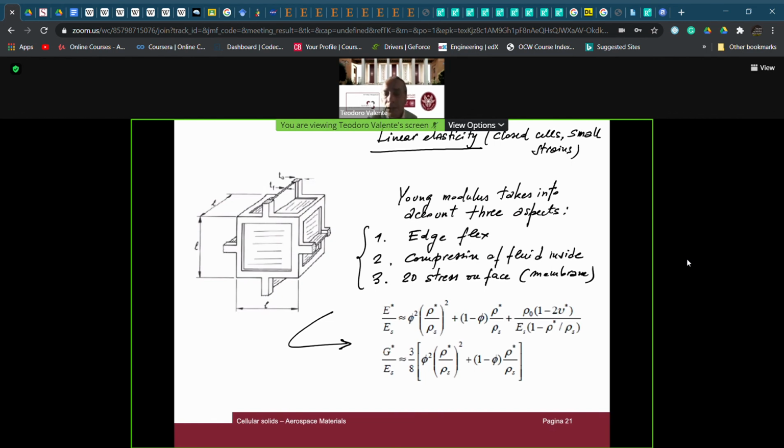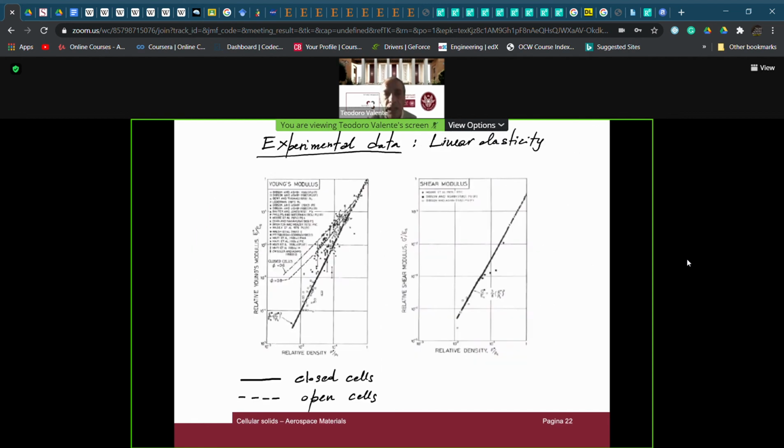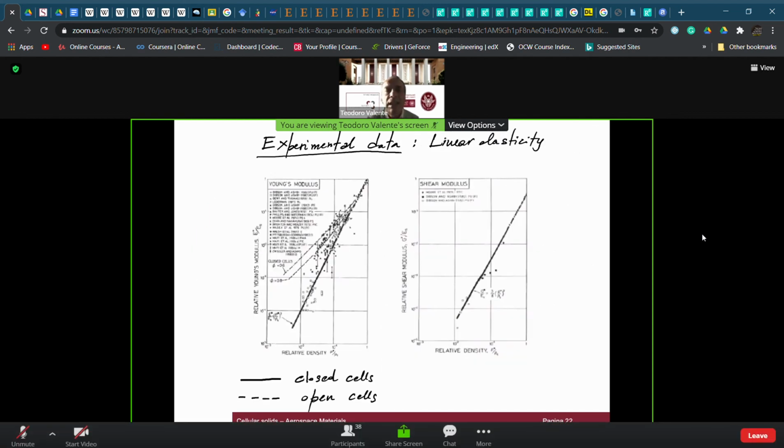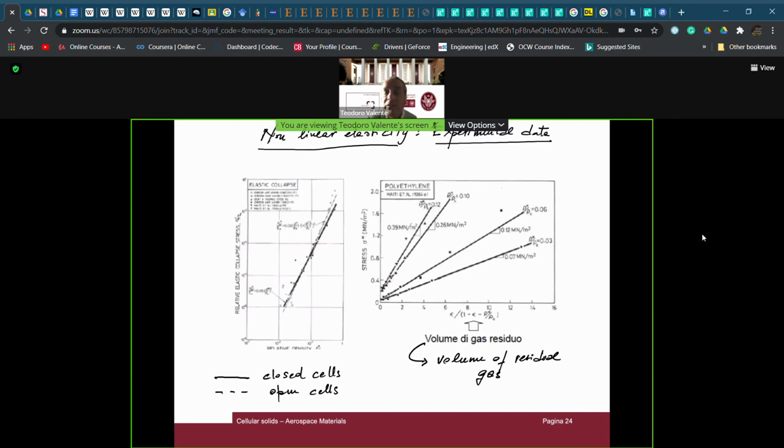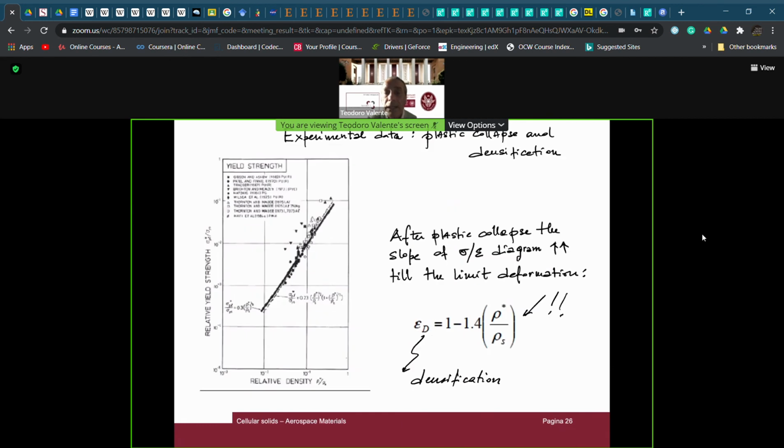And now the question is, we have defined, generally speaking, a densification strain. Does there exist, like in the previous case, a simple relationship with which we can predict the expected densification strain of the cellular solid? And the answer is yes.